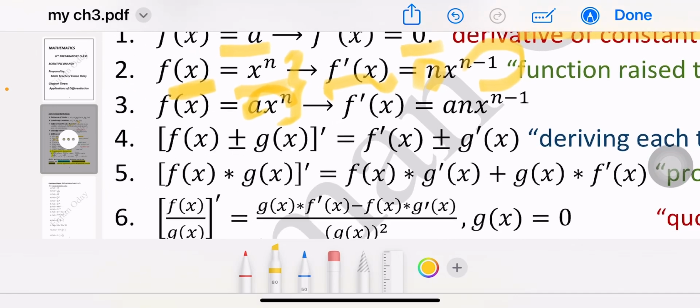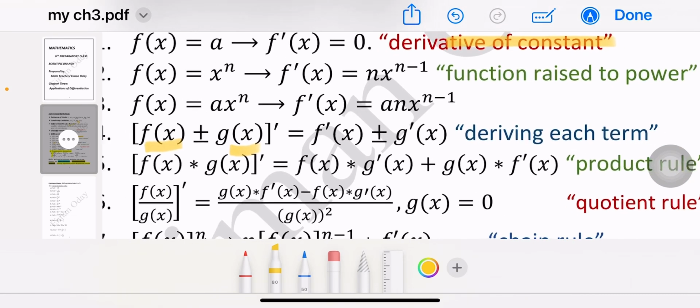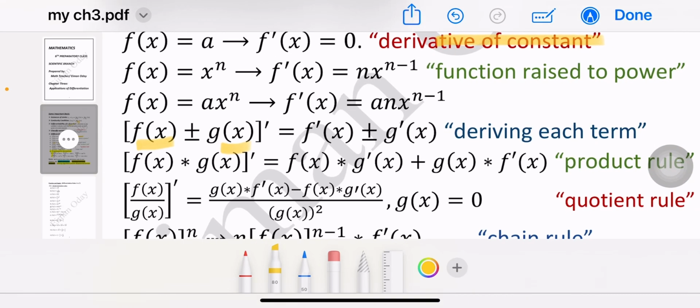After that, if we have more than one term, or two functions added together, and we want to derive them, since they are added or subtracted, each represents a separate term. That's why the derivative is clear and easy by deriving each term alone.